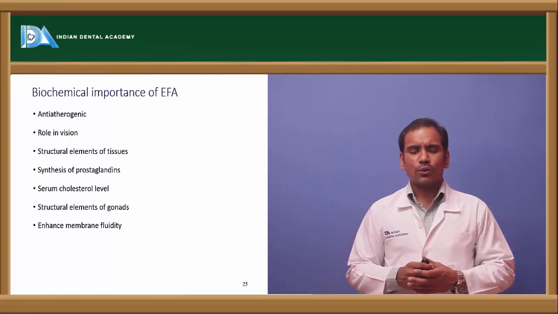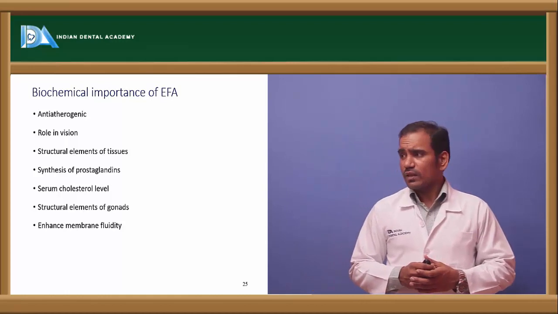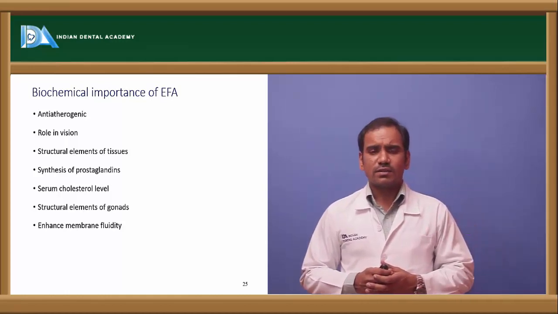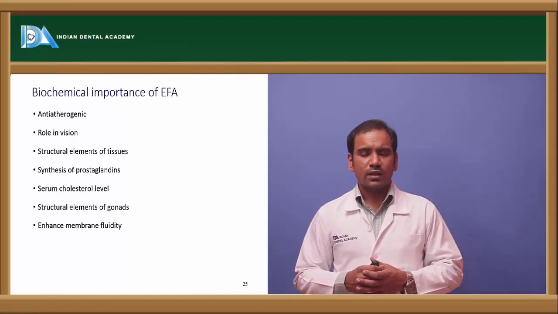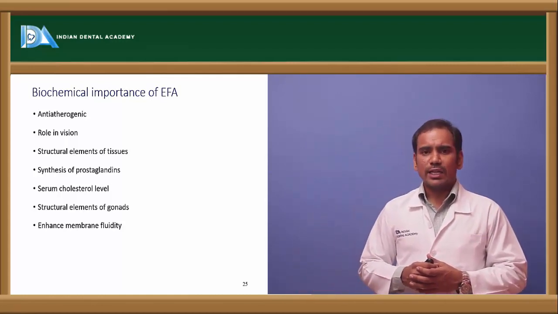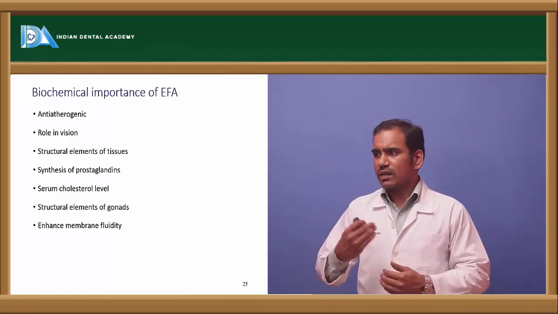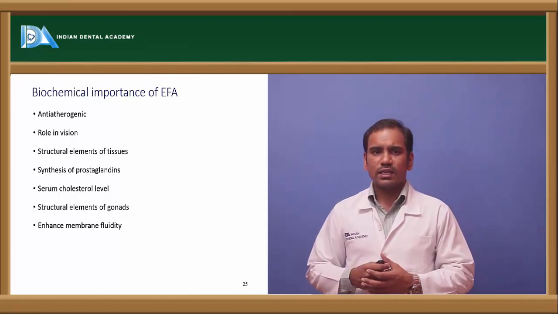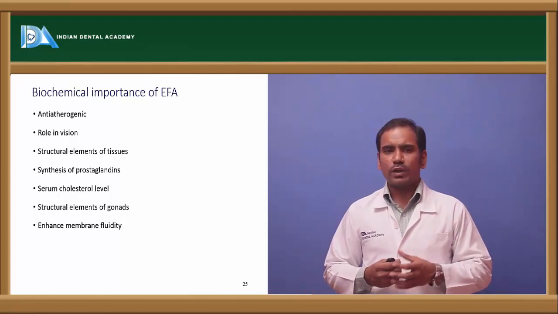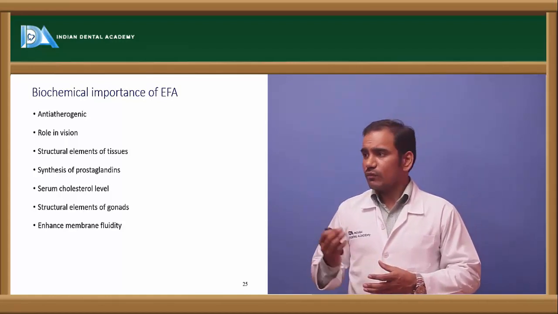Coming to another role, they have an important role in vision. There is one fatty acid synthesized from essential fatty acids, docosahexaenoic acid. It is synthesized from the linolenic acid and linoleic acid that you take in the diet. That is converted into docosahexaenoic acid, whose concentration is high in retinal photoreceptor cells.